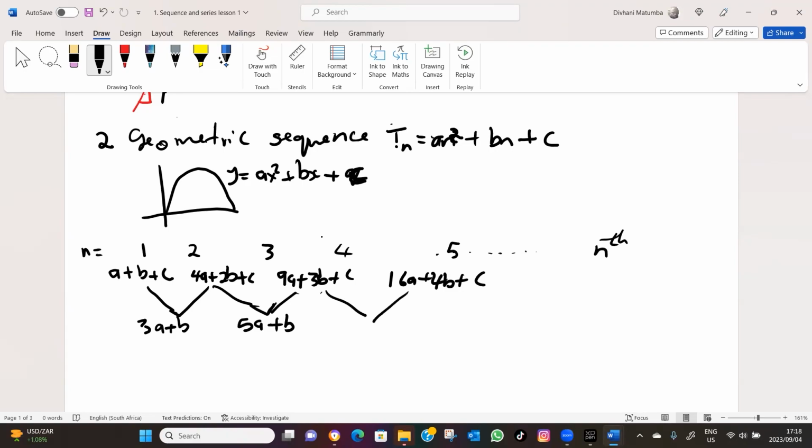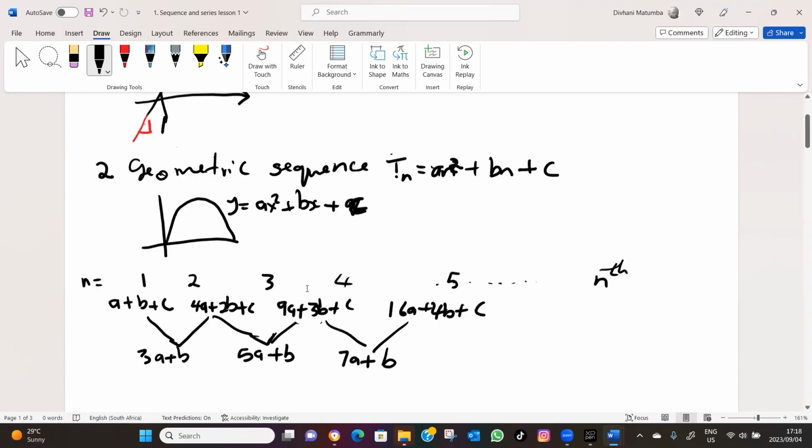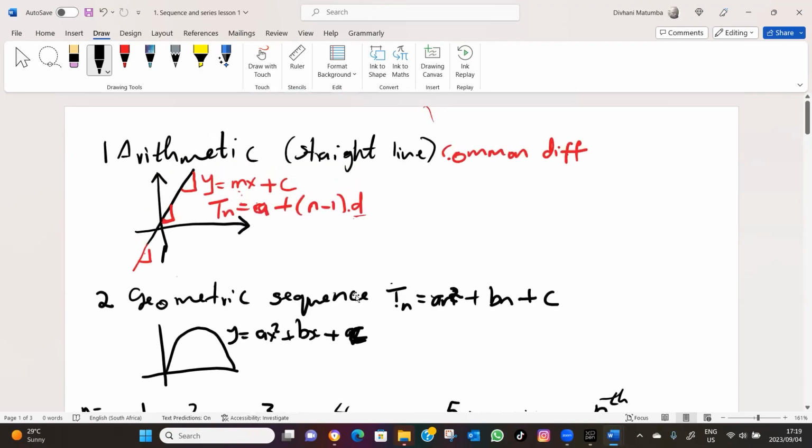Third term, 16 minus 9, 7a plus b. By the way, before we move on, let me go back to the arithmetic sequence and explain the difference between two terms.